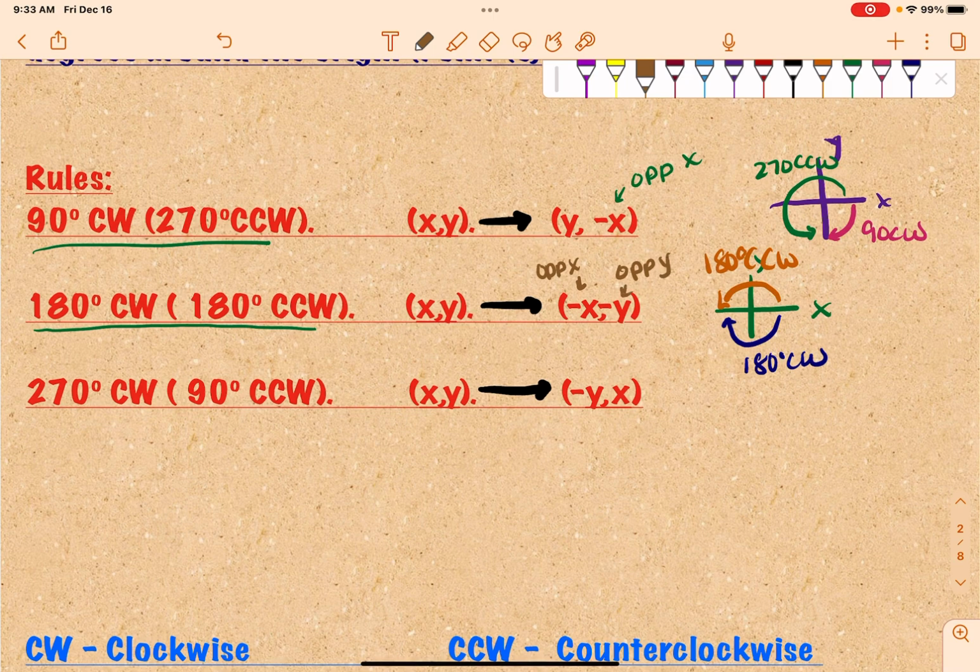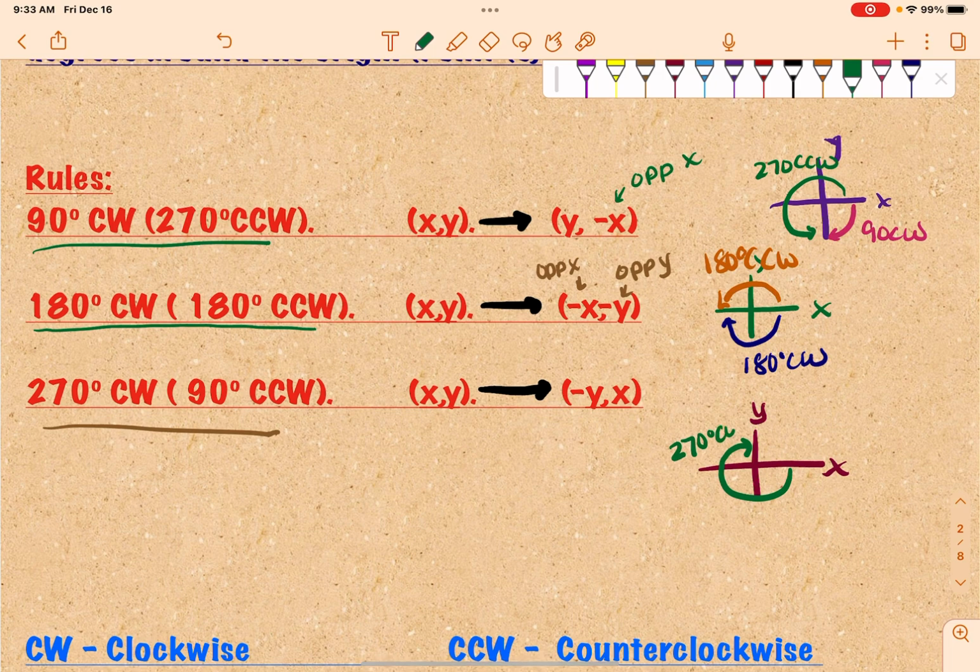Now if it's 270 counterclockwise, or excuse me, clockwise. So here's my X and Y. If it goes 270 clockwise, it's going to end up there. Or if you go 90 counterclockwise, same spot.